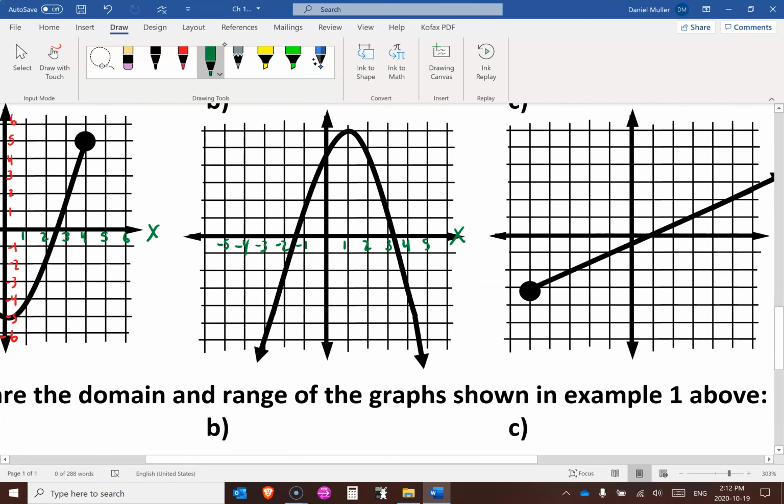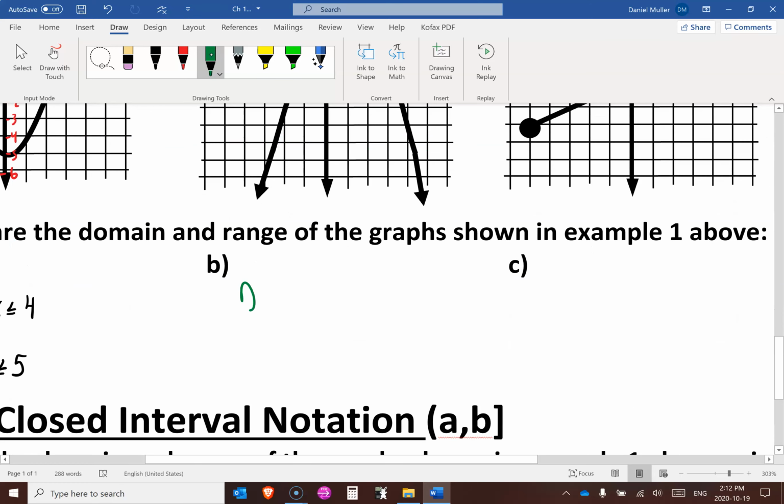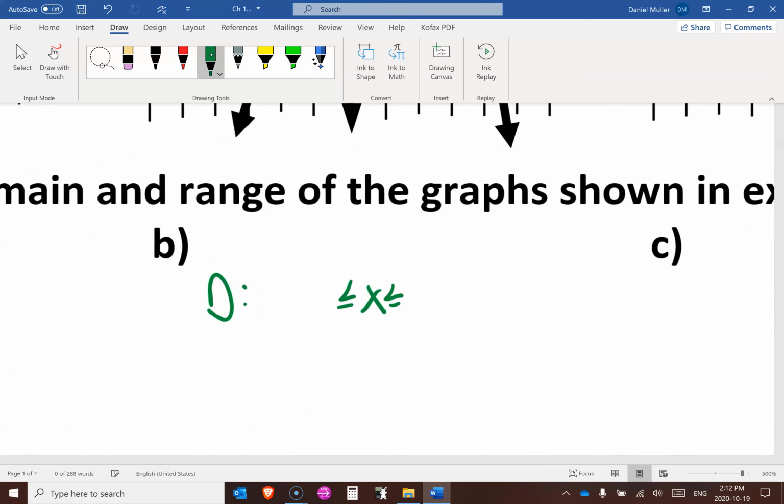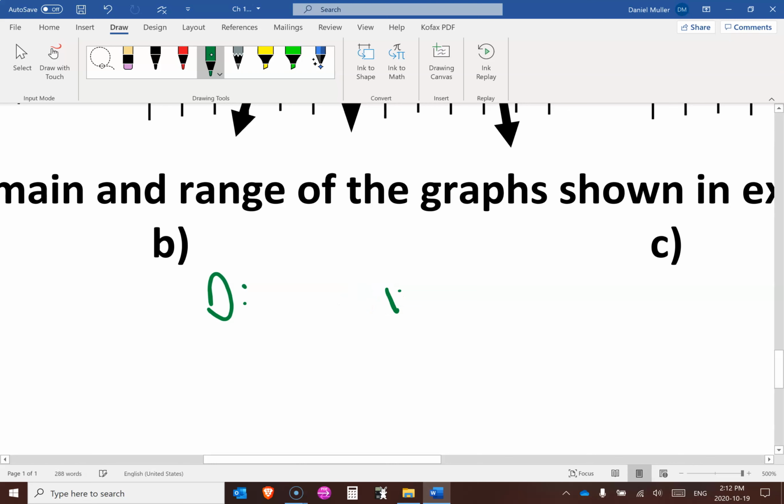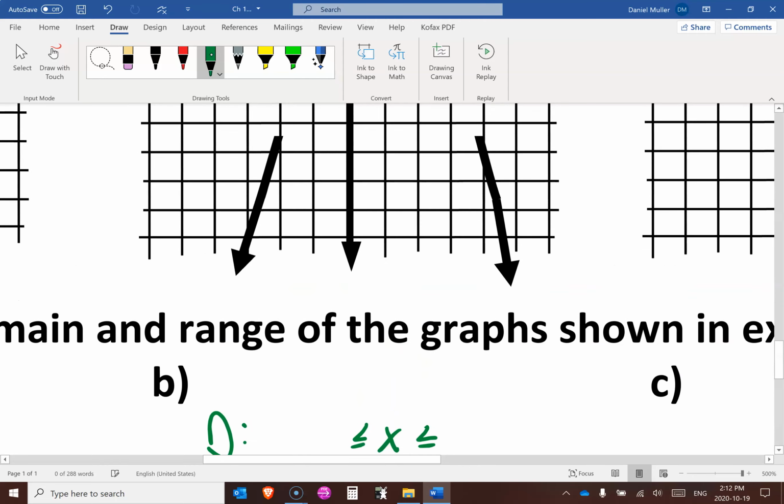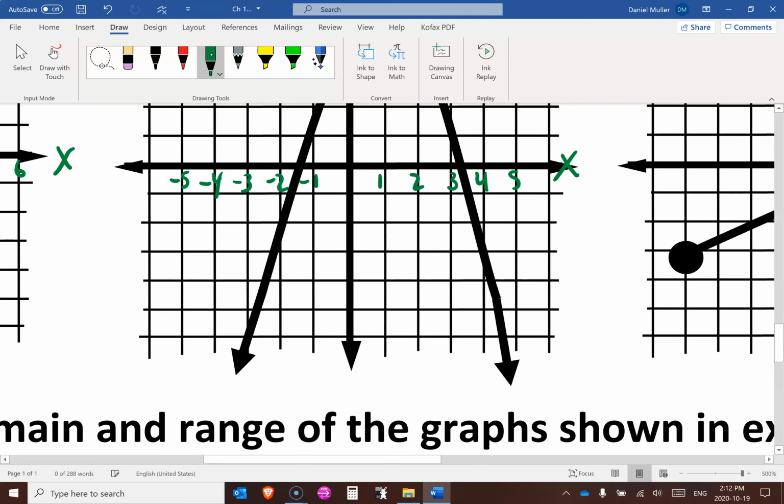So the idea here with domain, and maybe we'll do this in green here, is, and I always like to put these inequalities here first. Just try to draw this a little bit bigger. The idea here with domain is how far left does our drawing go?